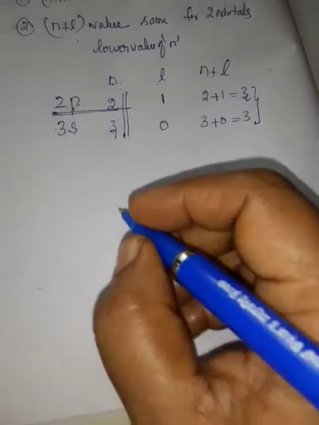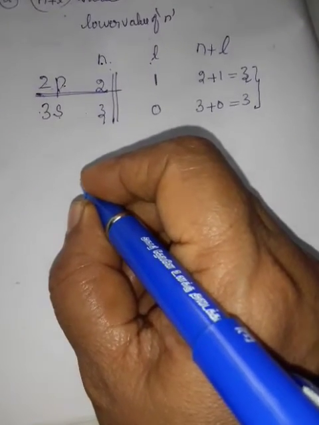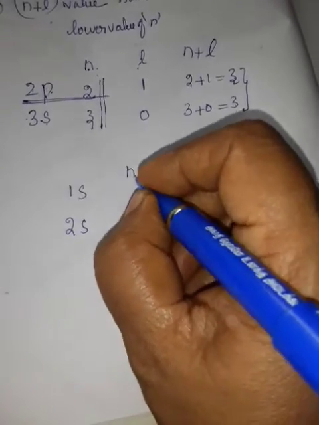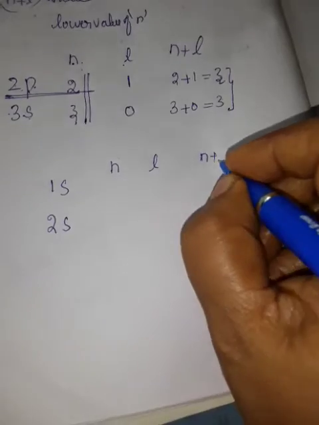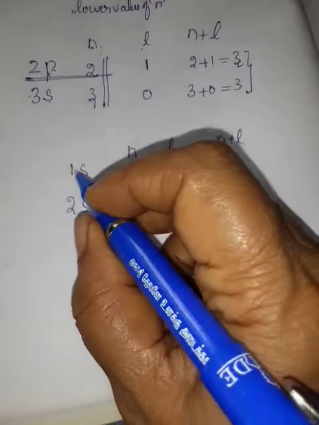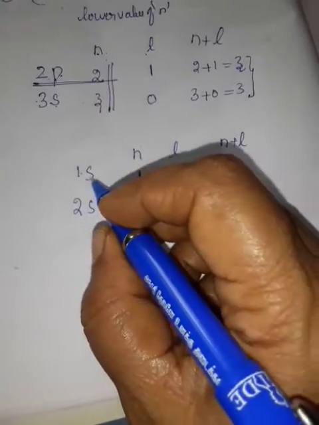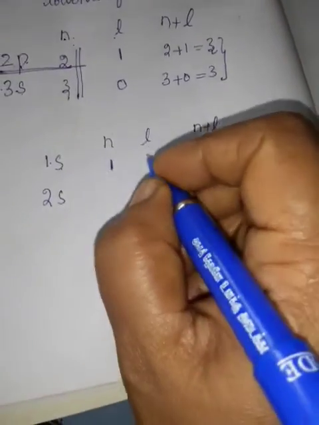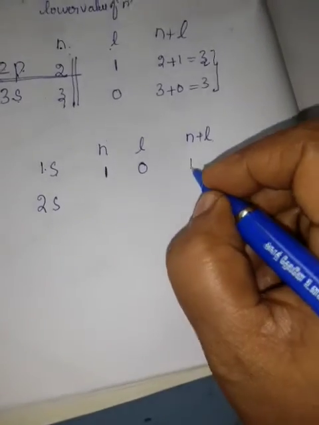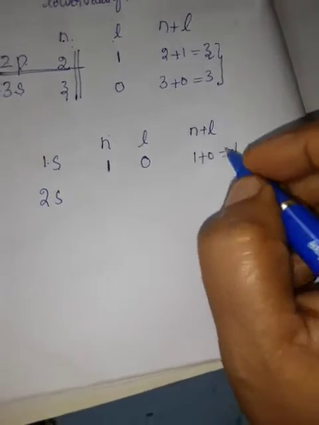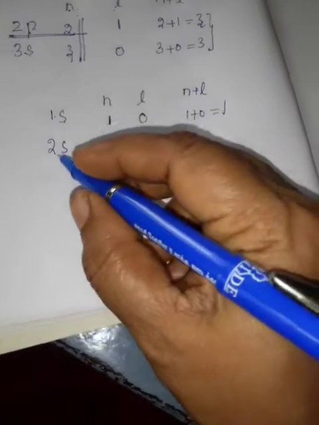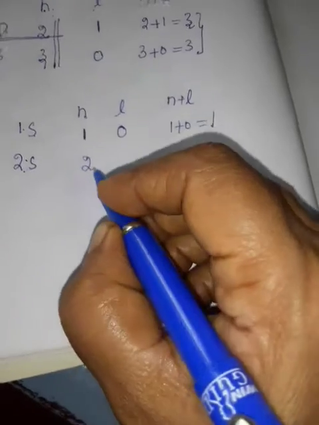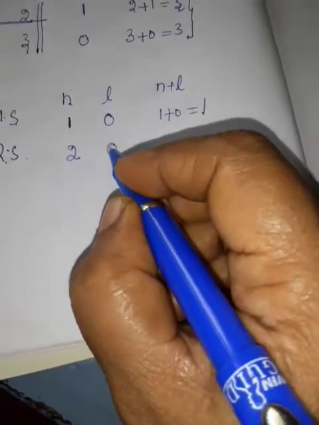Now suppose you take 1s and 2s. N, L, n plus L. What is n here? 1. The L value for s is always 0. So 1 plus 0 equals 1. Consider the 2s orbital. The n value is 2. S always has 0.